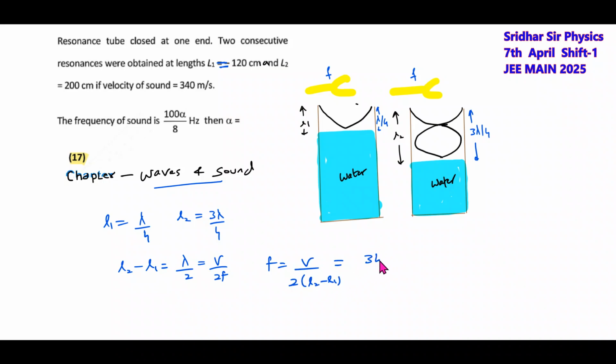So F equals V by 2 times L2 minus L1. Speed of sound 340, L2 200 minus 120, so 340 by 2 into 80.